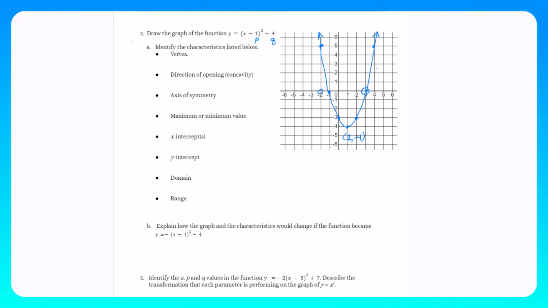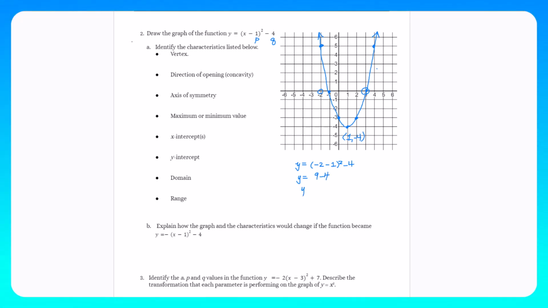So if you take that and plug those values in, let's do -2 first. Let's say we want y when x equals -2. We go (-2 minus 1) squared minus 4. That means y equals -2 minus 1 is -3, but -3 squared is +9.